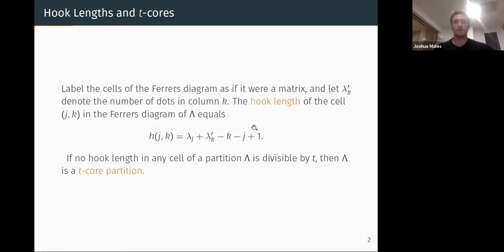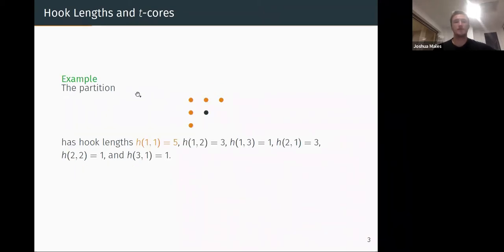Okay, a brief example. Let's look at the same partition. The hook length of the top left-hand cell is just 5, and this weird formula literally just counts this hook here. If I want the second cell, 1, 2, this one here, then I look at the hook here. It has length 3, so we just count the number of dots in this hook. If you go through this process for this partition, we have hook lengths of 5, 3, 1, 3, 1, and 1.